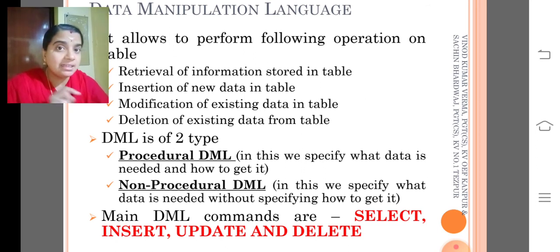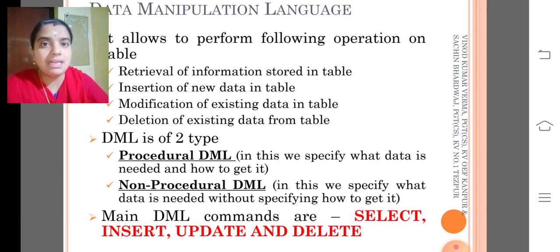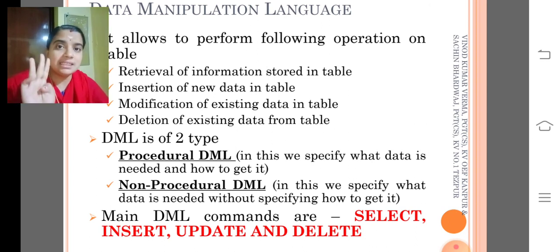Using DML we can perform retrieval of information, insertion of a new row, modification of existing data, and deletion of existing data. The major DML commands are only 4: insert, update, delete and select.